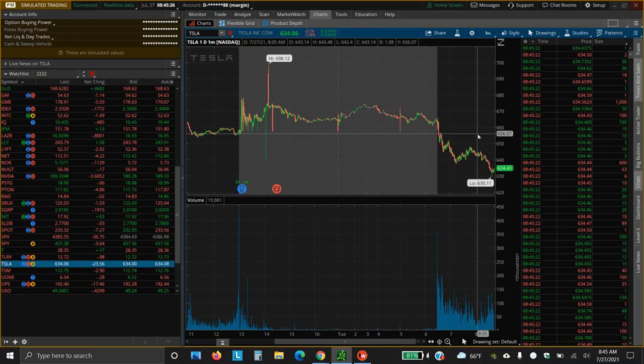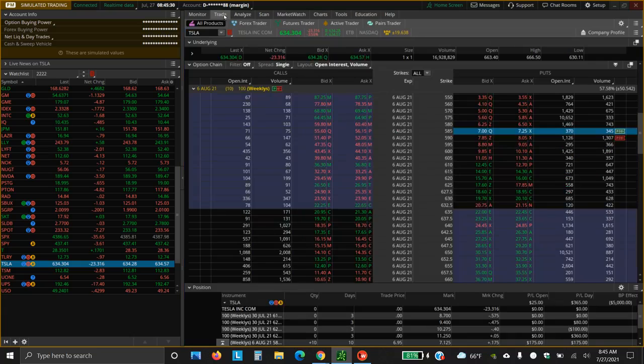But now we just wait, and all we want over time is for the value of this to go to zero, right? We can just sit back, do nothing until August 6th, and as long as Tesla stays above 590, we don't have to touch anything. Let it expire worthless.